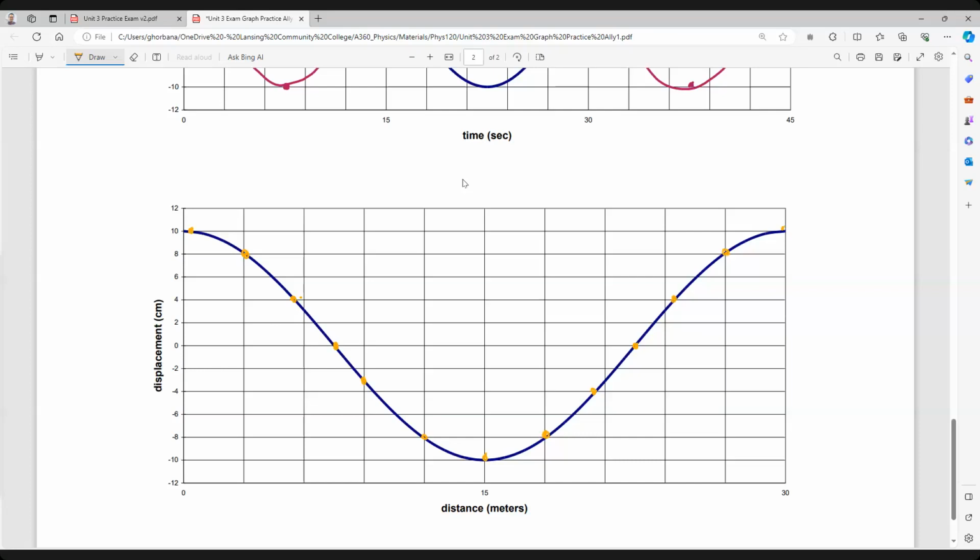So connect these points together. It should be exactly the same point. That's how we can have completely constructive interference.